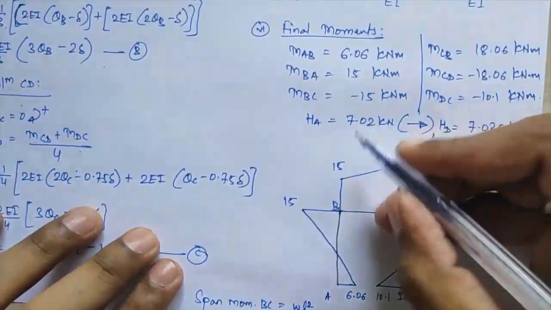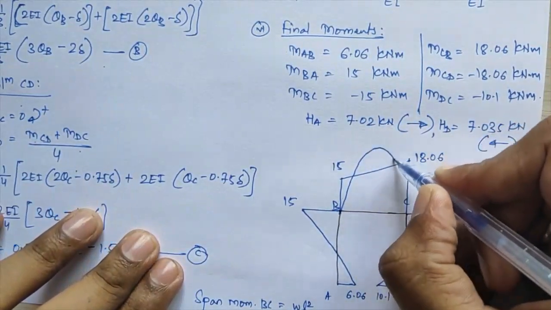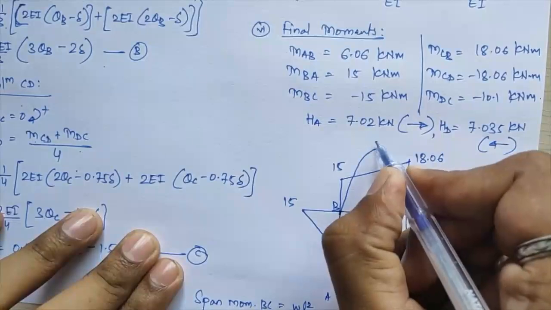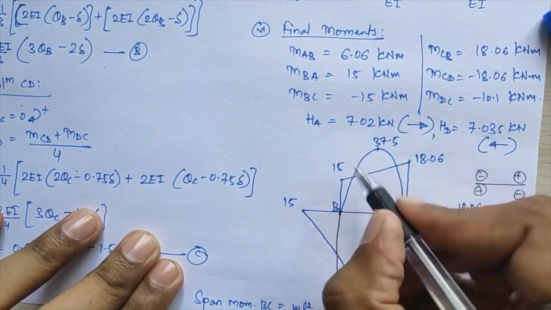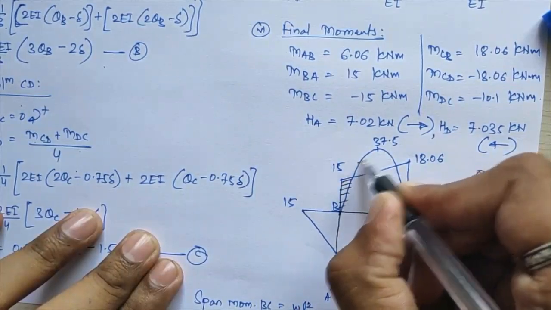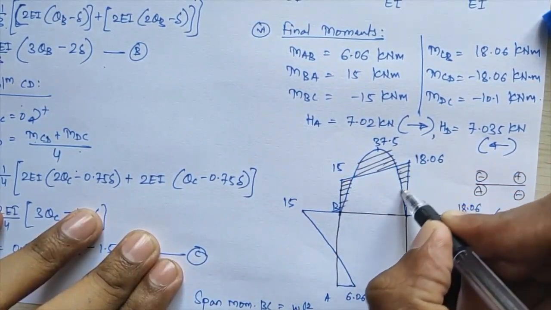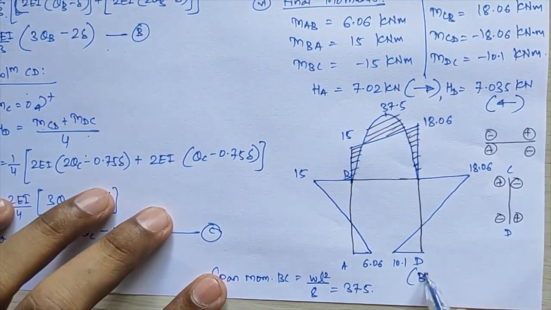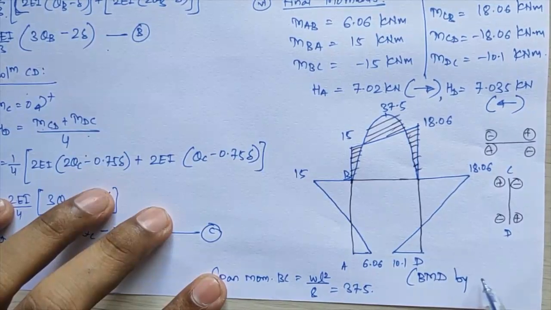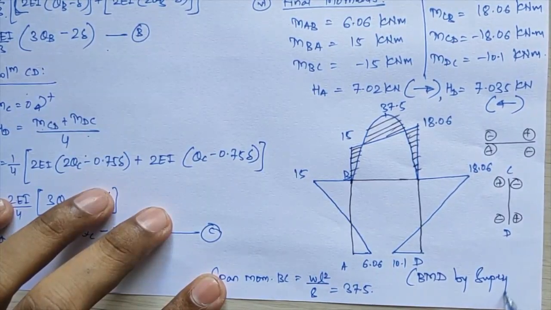That will be a curved portion over here, 37.5 kilonewton meter, and you have to superimpose this shaded part. So this diagram will be my BMD by superposition.